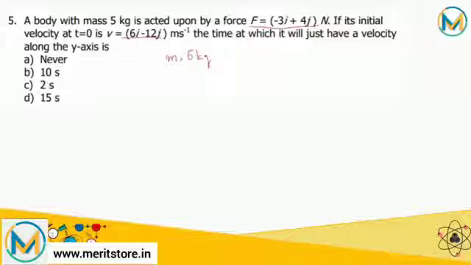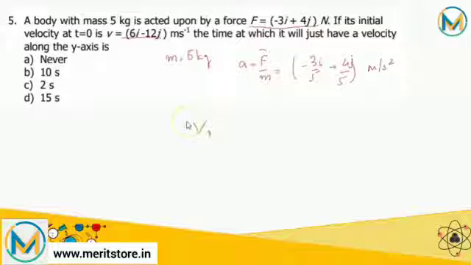Now the acceleration, that is a equals F bar upon m, which equals minus 3i upon 5 plus 4j upon 5 meter per second square. And the final velocity is along the y-axis only. Its x component must be 0. We have to apply the kinematic equation separately for the x component.